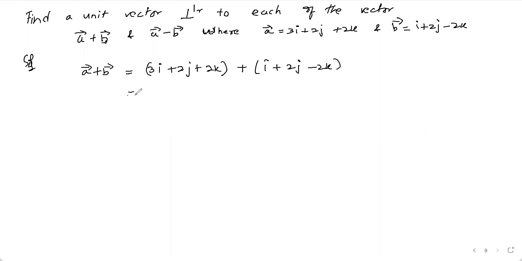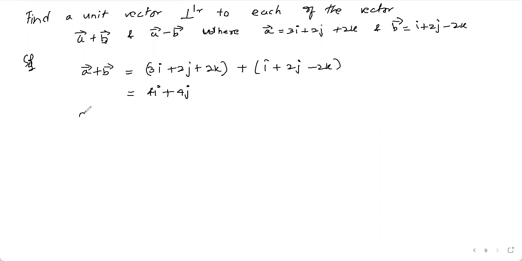So this would be 4i plus 4j, because 2k and minus 2k, since they are of opposite sign, get cancelled.